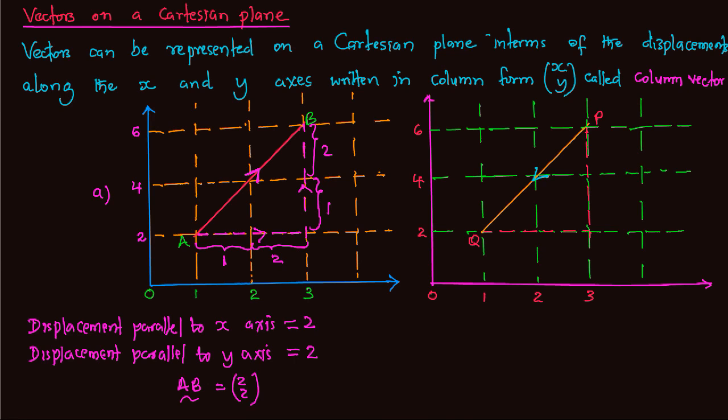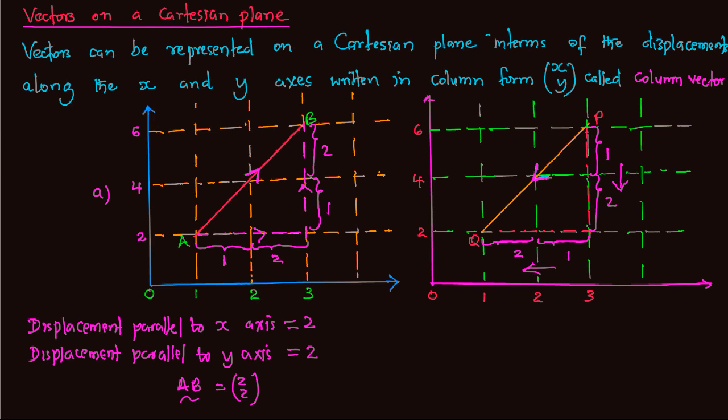In the second case, we have vector PQ. The direction is from P downwards to Q. So we move 2 units parallel to the y-axis downwards and 2 units parallel to the x-axis towards the left.